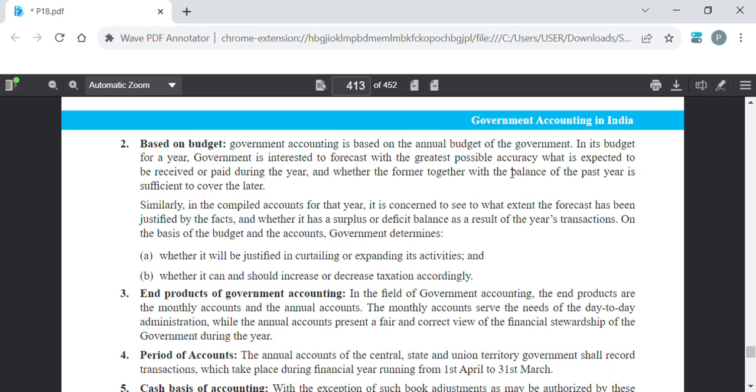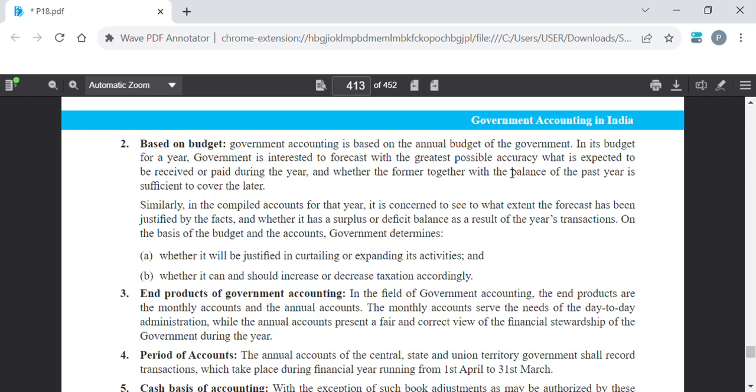Similarly, in the compiled accounts for that year, it is concerned to see to what extent the forecast has been justified by the facts and whether it has a surplus or a deficit balance as a result of the year's transactions.